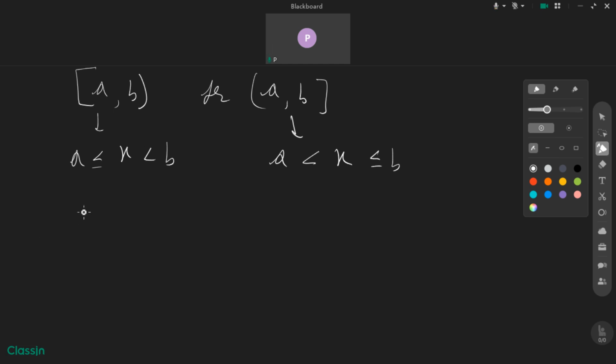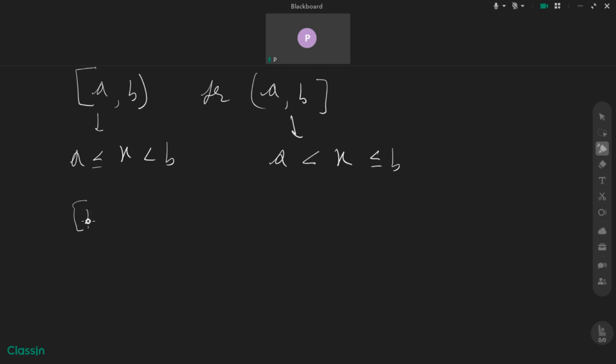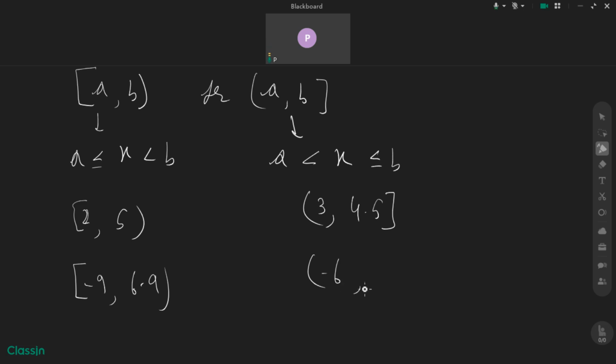Let us take, for example, square bracket 2 comma 5 open bracket, or open bracket minus 9 comma 6.9 square bracket. Let us take two examples from it: open bracket 3 comma 4.5 square bracket, and open bracket minus 6 comma 17 by 9, and then square bracket.